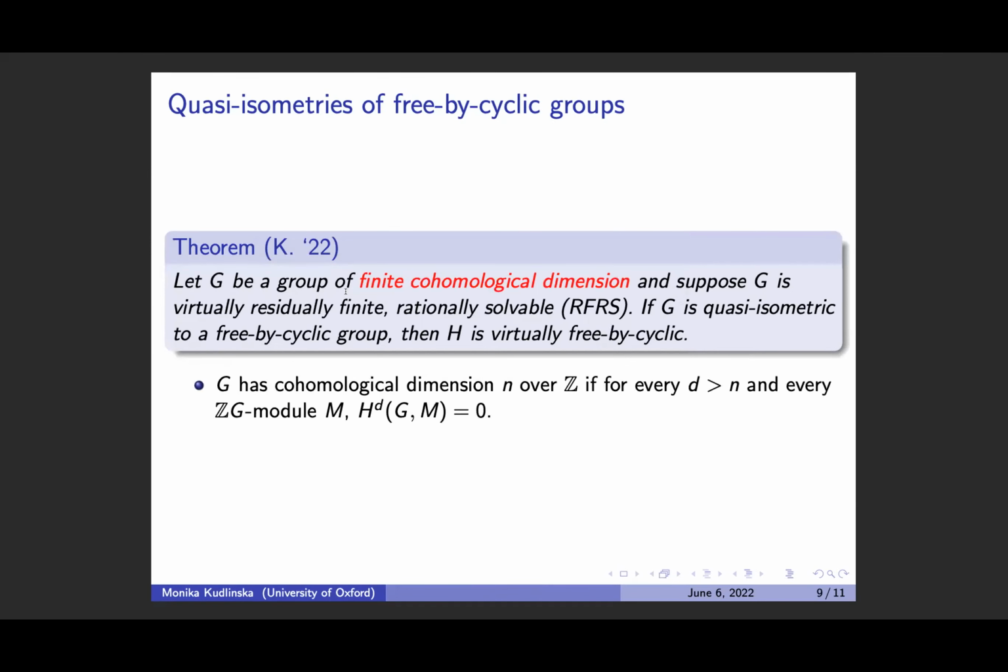Okay, so let's unpack this statement. First of all, cohomological dimension. If you haven't seen it before, a group has cohomological dimension n over the integers. You can define this over other rings as well. If for every degree d greater than n and any ZG-module M, the cohomology of G in degree d with coefficients in M vanishes.